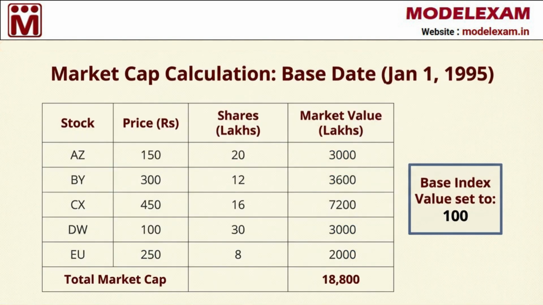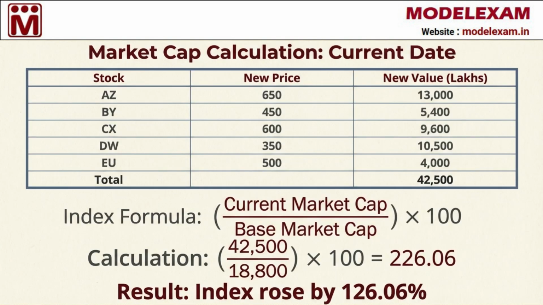To see how this works in practice, imagine we started an index back on January 1st, 1995. We take 5 different stocks, calculate the market cap for each, and add them all up. In our example, the total starting value was 18,800 lakhs. We then give this starting point a simple base value of 100 to make it easy to track. Now, look at what happens over time as prices change.